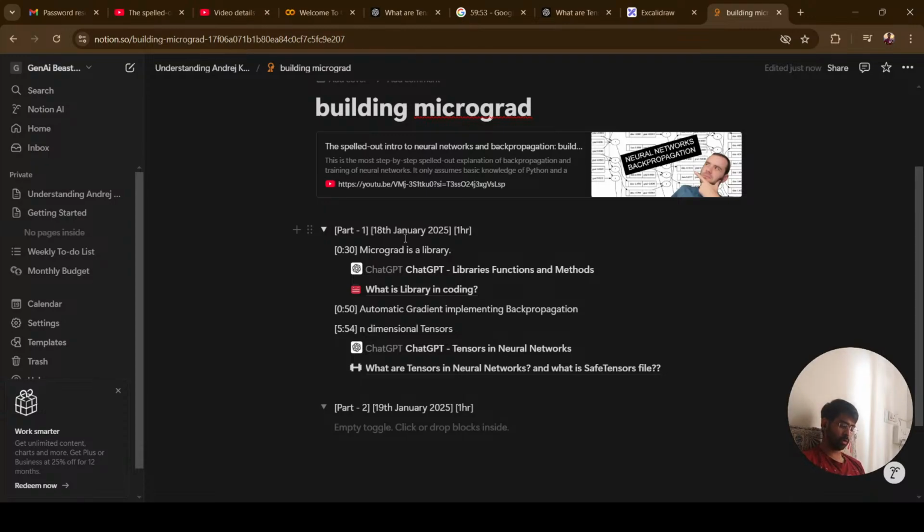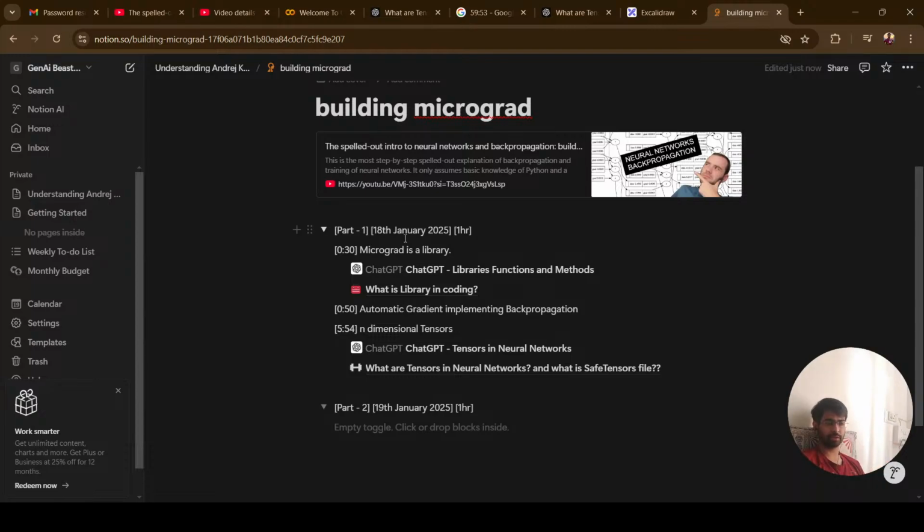Okay, so first of all, he has created this micrograd library, and it is a very simplified library which demonstrates neural networks through simple scalar calculations.